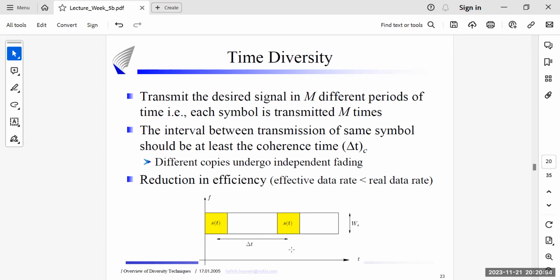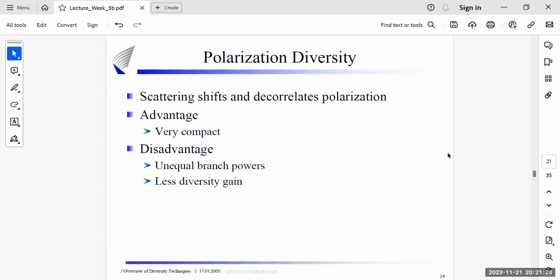So the time difference between the two transmitted symbols should be greater than the coherence time. The different copies undergo independent fading if the time difference is greater than del Tc. The drawback is a reduction in efficiency. The effective data rate is less than the real data rate, which is a drawback in the case of time diversity.